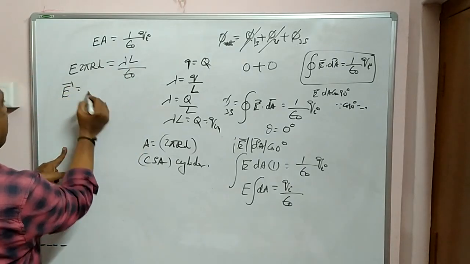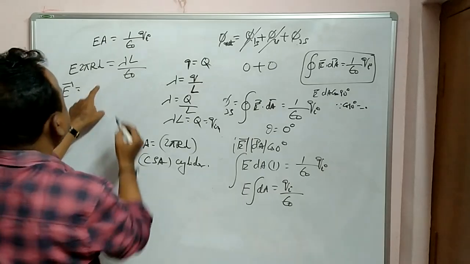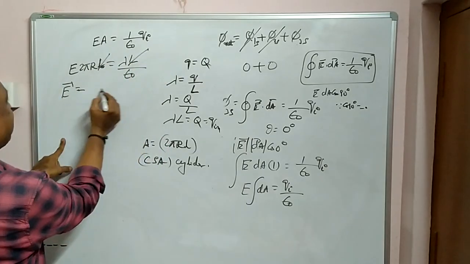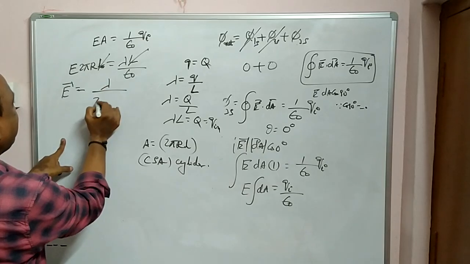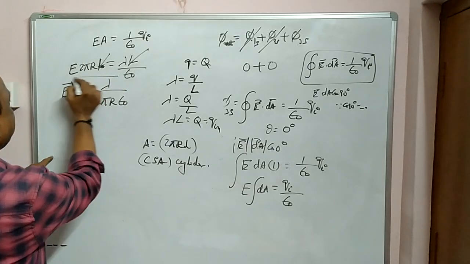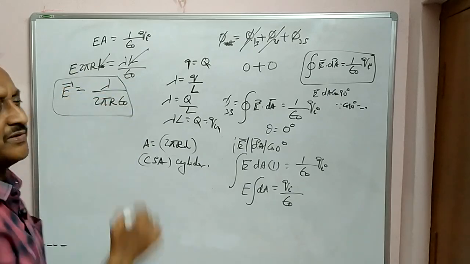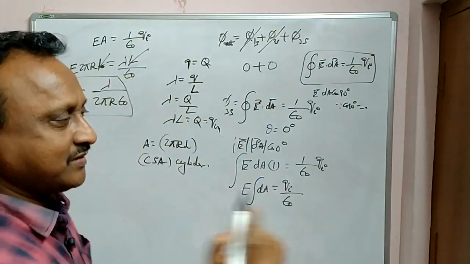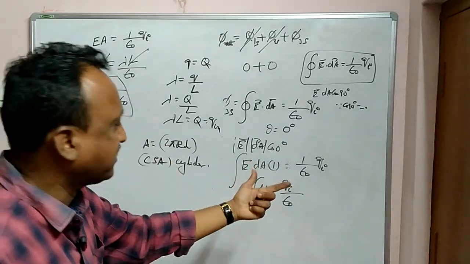Therefore E is equal to, and this L cancels out. So E is lambda by 2 pi R epsilon naught. This is the value for an infinitely long wire carrying positive charge, using a Gaussian surface and Gauss law.